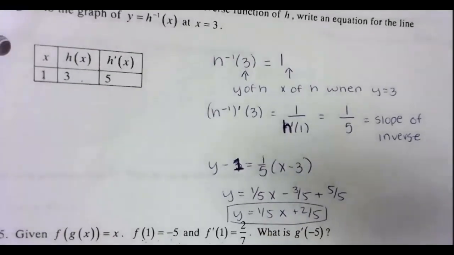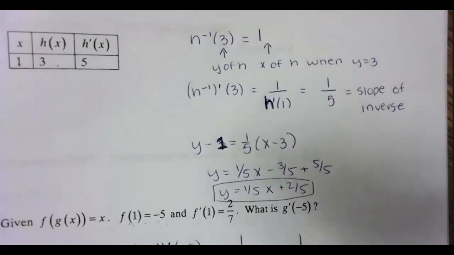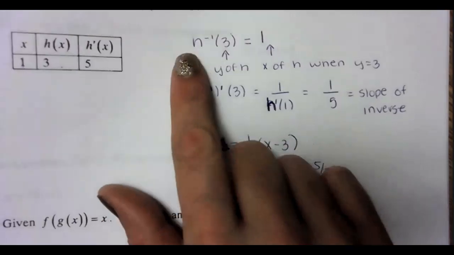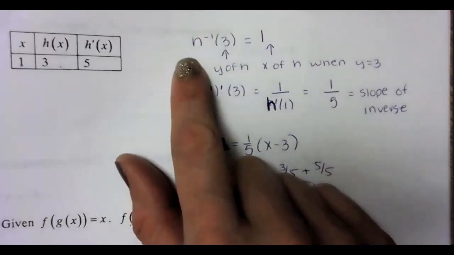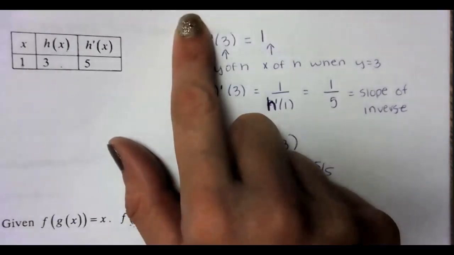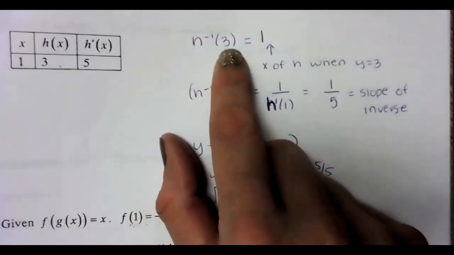Okay, and then for this example here, it says using the table below, if H inverse is the inverse of H, write an equation for the line tangent to the graph at x equals 3. So again, we're looking for H inverse at x equals 3, so it's like saying H inverse of 3.